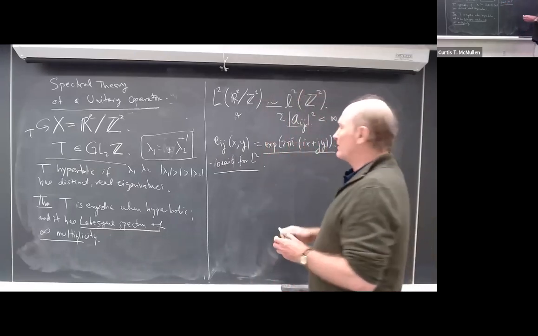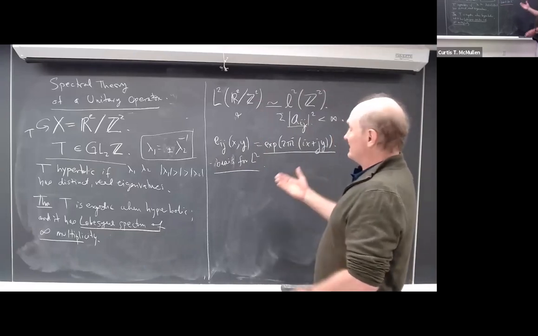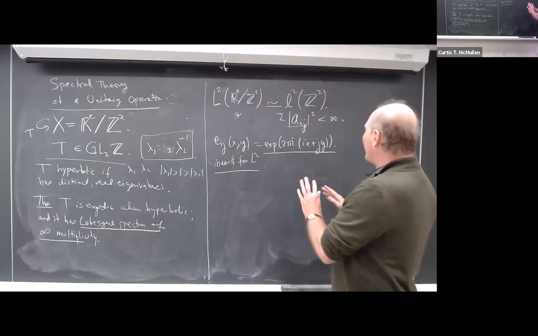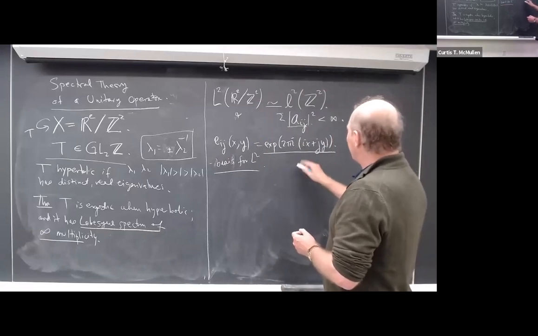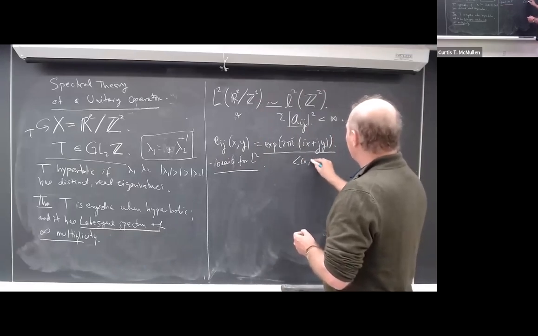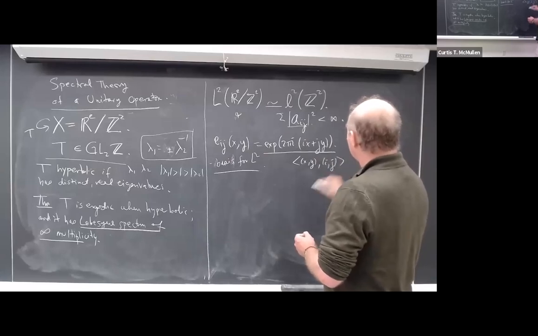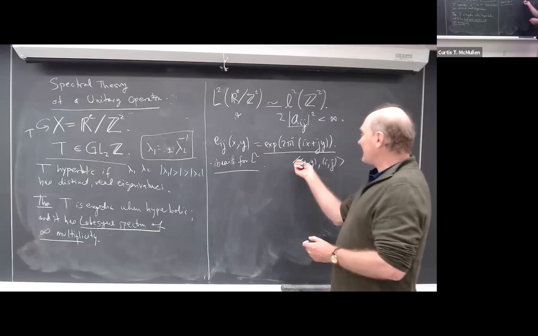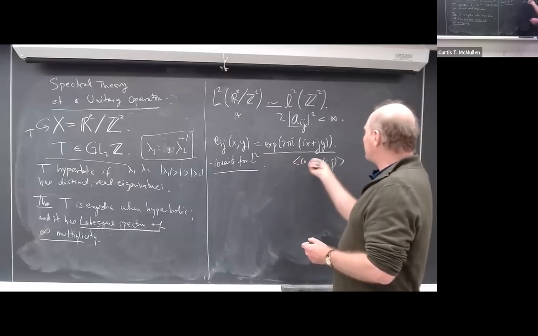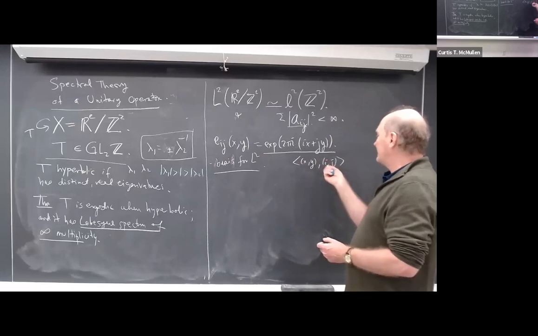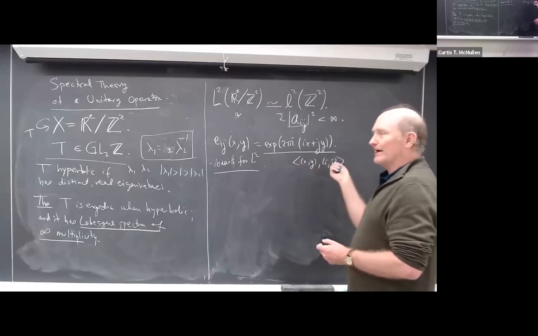Okay, so you might say, oh, we're almost done. Let's just check that these are eigenvectors. But they're not. But the way that they're not is easy to understand. So as I said, this should really be thought of as the inner product between (x,y) and (i,j). So if you apply T to (x,y) and take the inner product, it's the same as applying the adjoint of T, or the transpose of T, to (i,j) and taking the inner product.